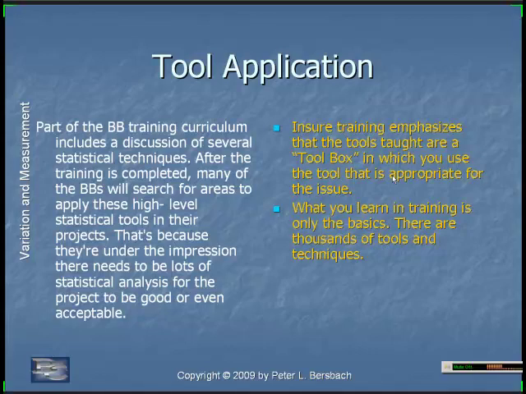So we do have a comment here, or a question from Karen. She says, have experienced mentors that know what tools are appropriate, not just impressive. Experience is the key that is not available right after a training class, and that's a great point. So take advantage of people that are in your organization that are experienced. And also I might add, if you're involved in the Pyzdek Institute Six Sigma training class, take advantage of that forum on the front page.